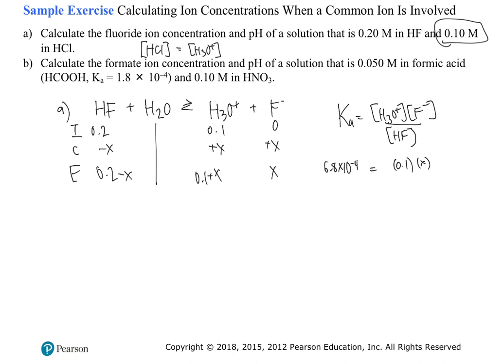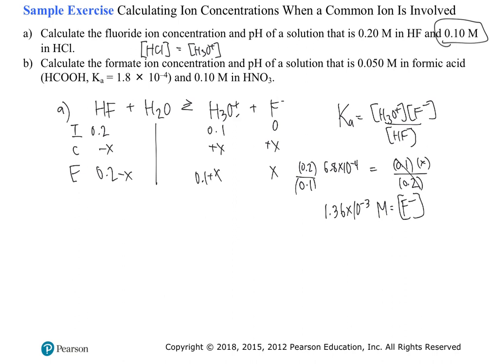Then I'm going to times it by X here, divided by 0.2 minus X, but I'm going to get, again, rid of minus X. So then I'm going to multiply up by 0.2 and divide by 0.1 to get rid of those. And I get X equals 1.36 times 10 to the negative 3 molar. And that's my fluoride concentration.